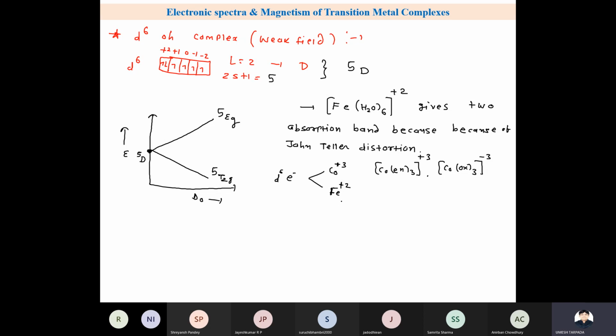For low spin, a Tanabe-Sugano diagram is there. We will go for that diagram later on, where you will get two transitions for this complex.